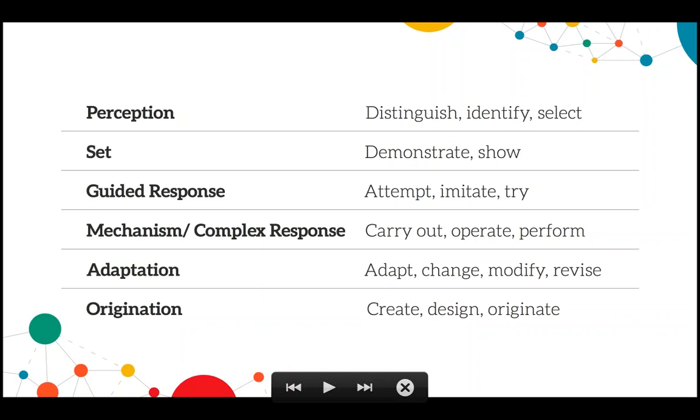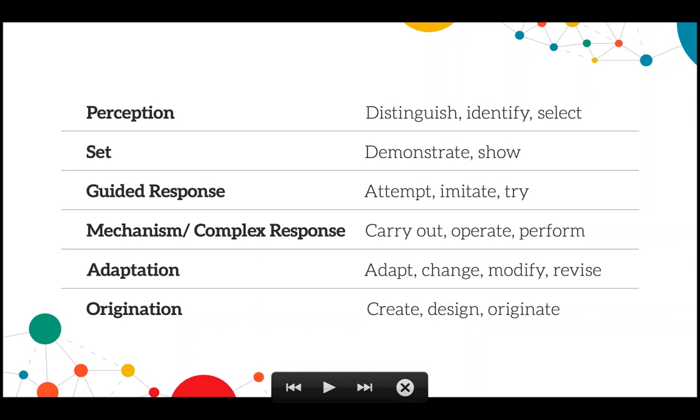And so lastly, to round out this slide, we have adaptation and origination. These ones are tougher to get to because they usually take time to develop that basic skill, that complex knowledge. But these center on student movements and actions that are modified, usually on the go, for special situations.